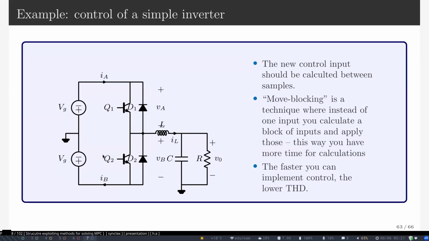So Ts is 1 over the switching frequency. Usually we operate in the orders of 10 to hundreds of kilohertz. So this is 10 to the power minus 4, 10 to the power minus 5.